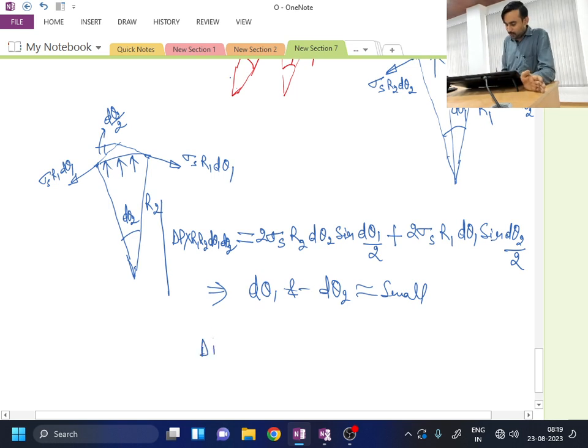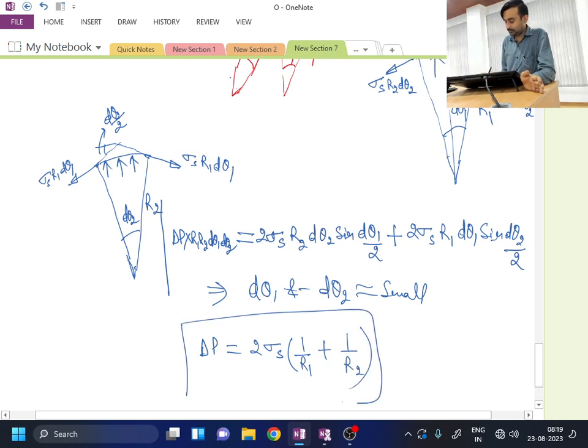So if I calculate delta P, that will become 2 times sigma s into 1 by r1 plus 1 by r2. This is one very important equation which is called the Laplace equation.